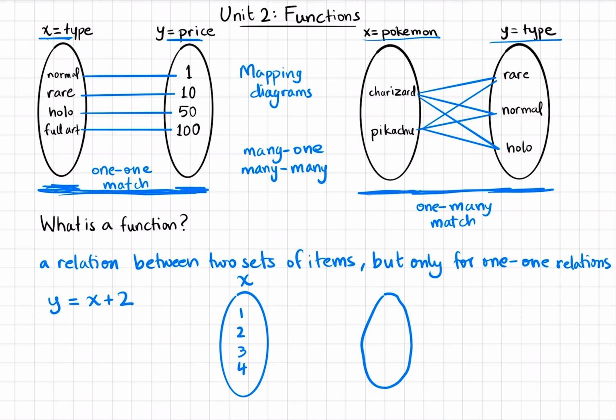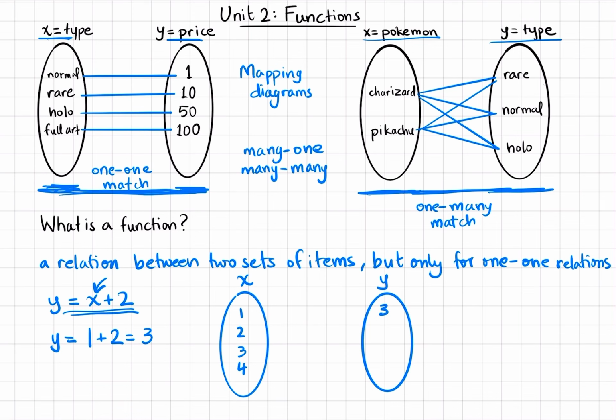My second circle is going to be for y values. And now let's actually find out some values for y using the function. So the function says y equals x plus 2. So all I need to do is put in different numbers for x and get values for y. So if x is 1, then y equals 1 plus 2, which is 3.